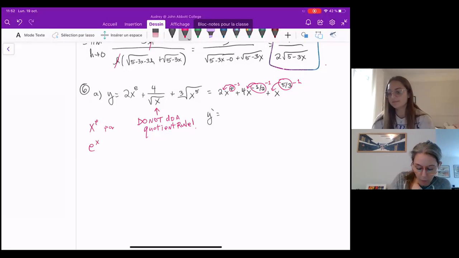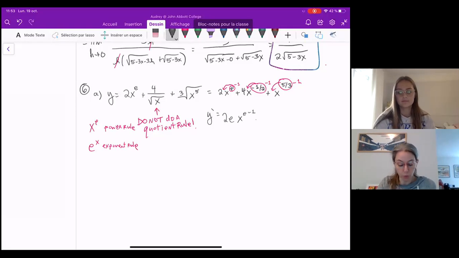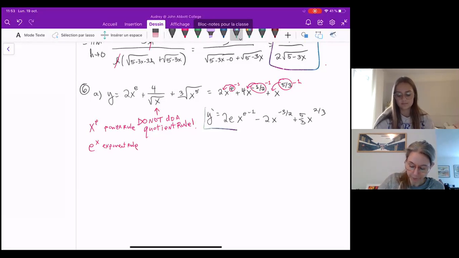This one needs a power rule. This one needs an exponent rule. So I will have then 2ex to the e minus 1 minus 4 over 2, so that's a minus 2, x to the negative 3 over 2, then plus 5/3, x to the 2/3. And that's my final answer here.